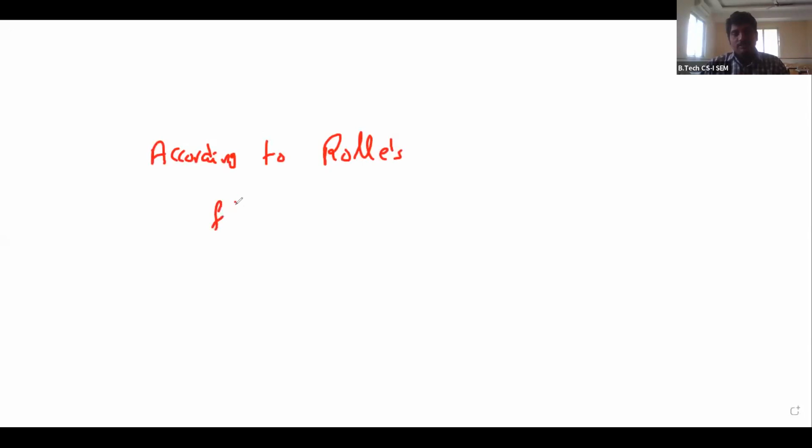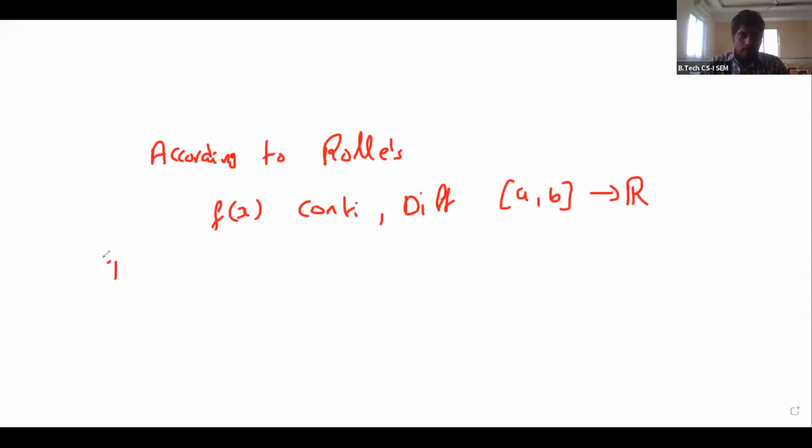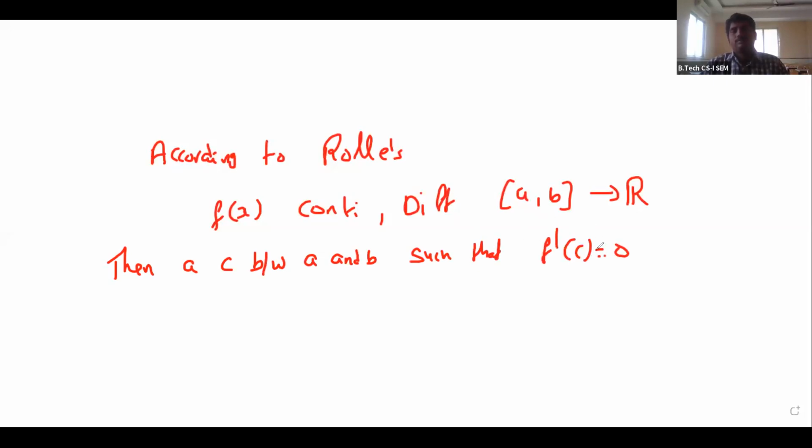According to the rules, if f of x is continuous and differentiable over the closed interval [a, b] into real numbers, then there will be a c between a and b such that f dash c is equal to 0. This is what Rolle's theorem means mathematically.